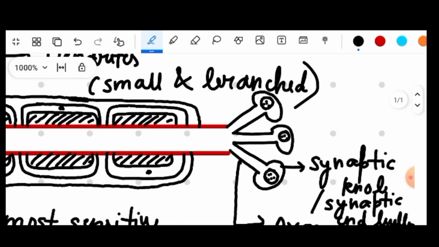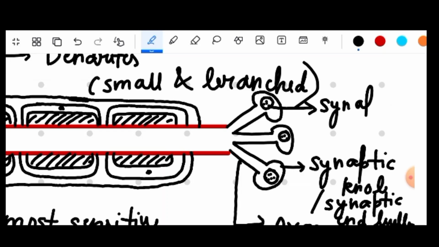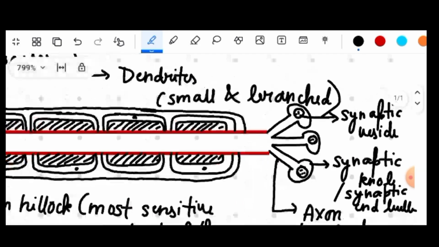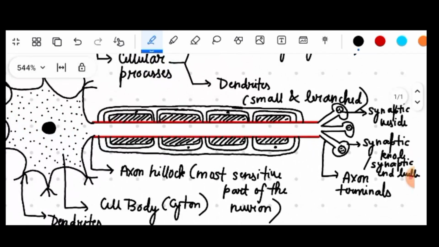And inside the synaptic end bulb are the synaptic vesicles. The synaptic vesicle is the storehouse of the chemical neurotransmitter. For example, acetylcholine will be stored inside the synaptic vesicle.